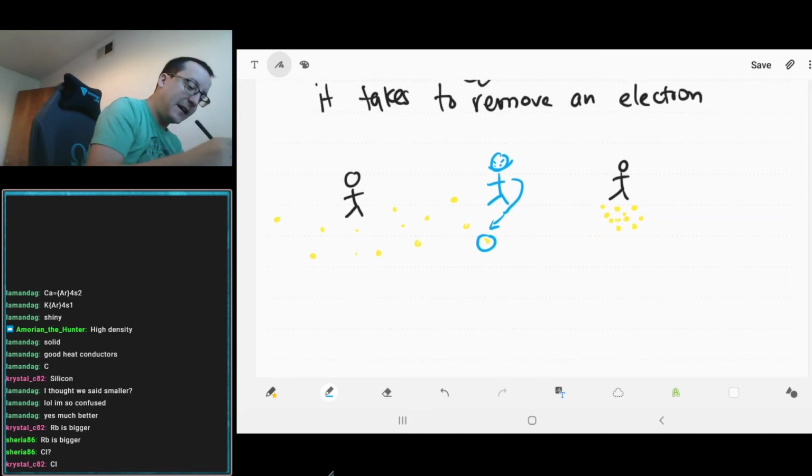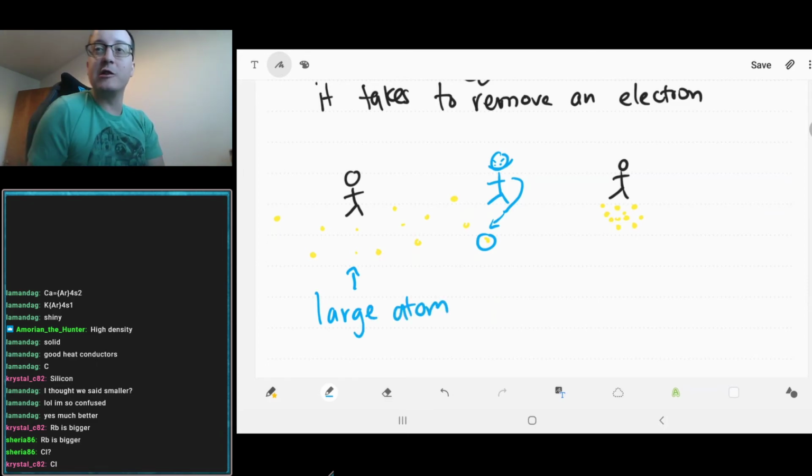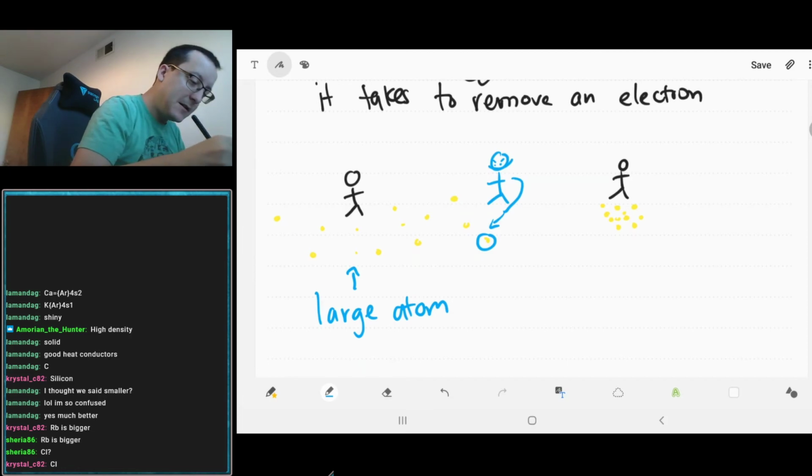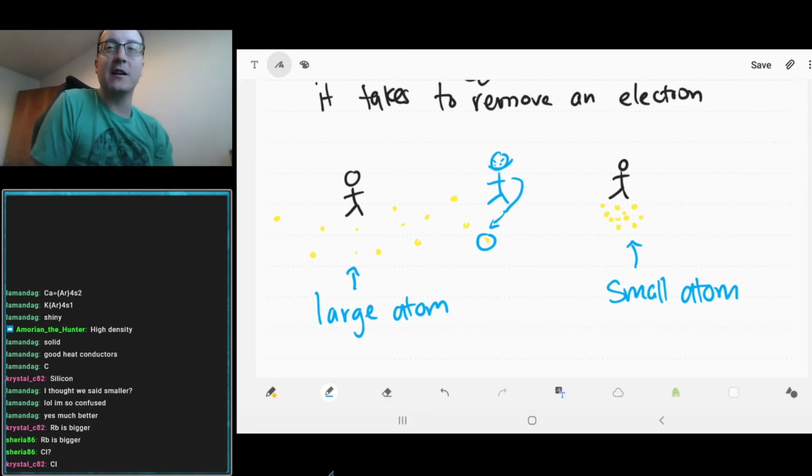And so we're going to see that this is going to be somewhat like a large atom, which has a lot of electrons all over the place. And this one is going to be a small atom. We think about it again related to that nucleus thing. The small atoms, remember the electrons are held really close to the nucleus? Whereas in the large atoms, things can be really, really far away from the nucleus.